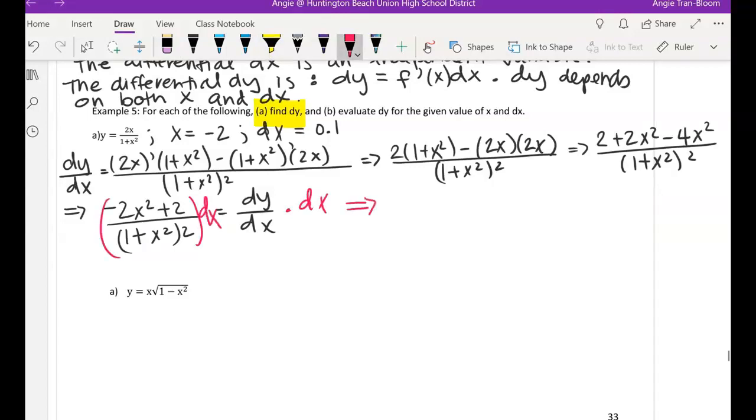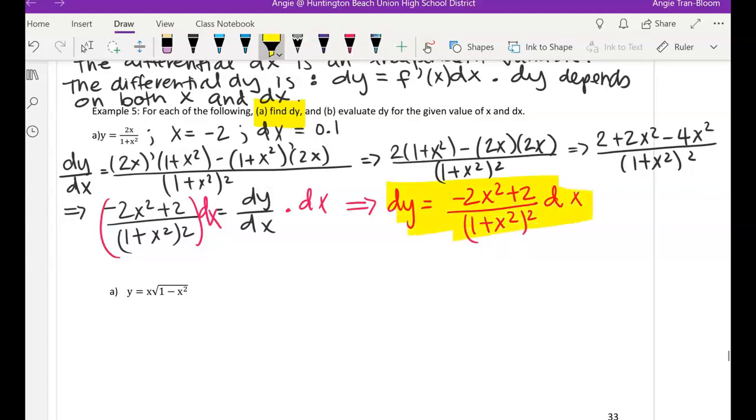So that means dy is negative 2x squared plus 2 all over 1 plus x squared, and then times dx. So that's what we box up for what part A has to be. That's part A. Voila! Okay? It's that easy.